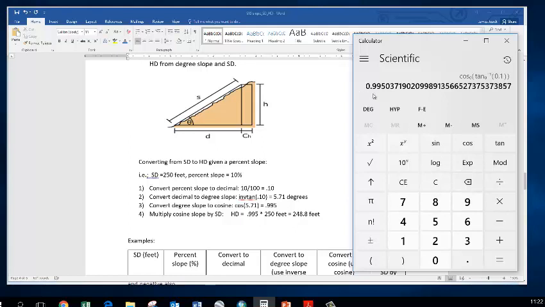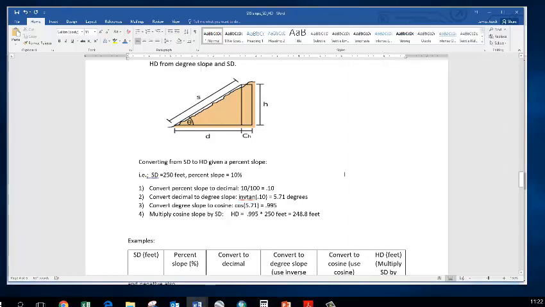So I take that 0.995 and multiply it by my slope distance, 250 feet. 0.995 times 250 equals 248.8 feet. So it's 99.5% of the slope distance.